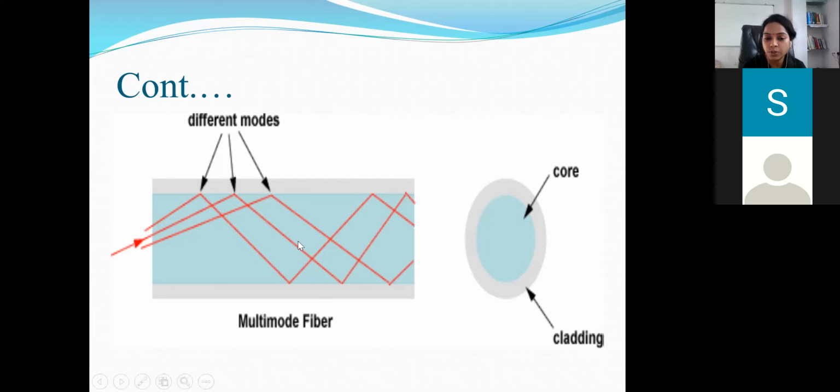This is called the core. The blue part which you are seeing is also a glass fiber. Sorry, it is also made up of glass. Fiber is nothing but glass only, but two types of glass are there. One is called the core and the second is called the cladding.